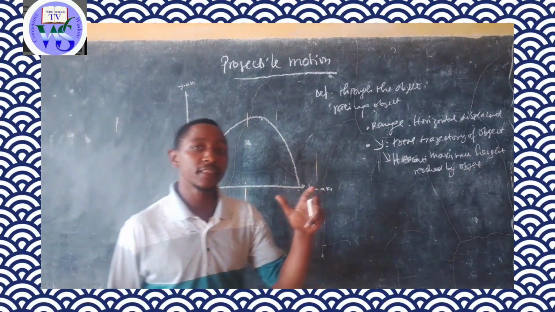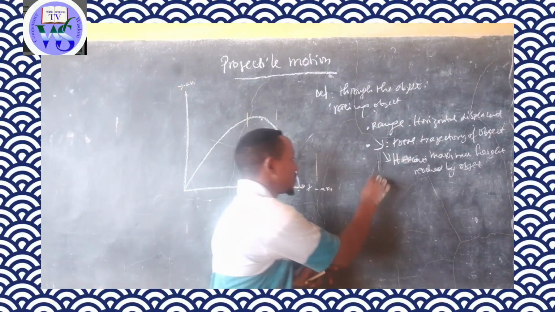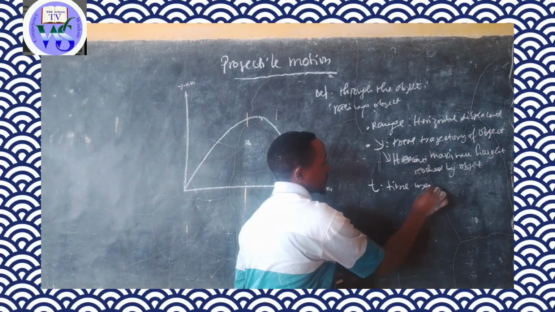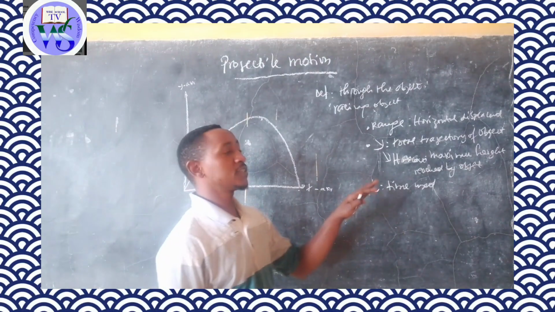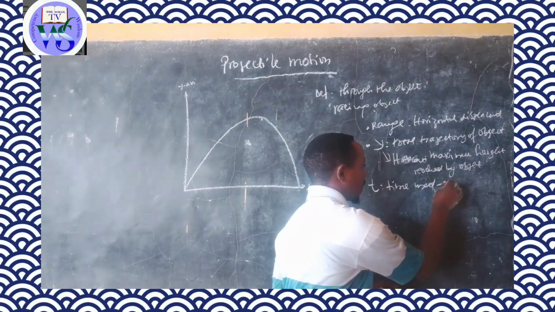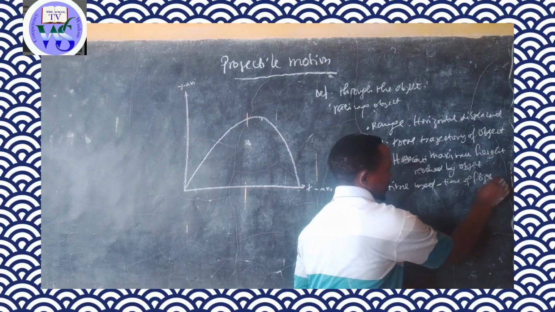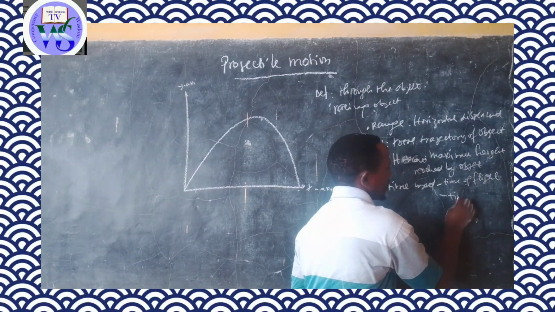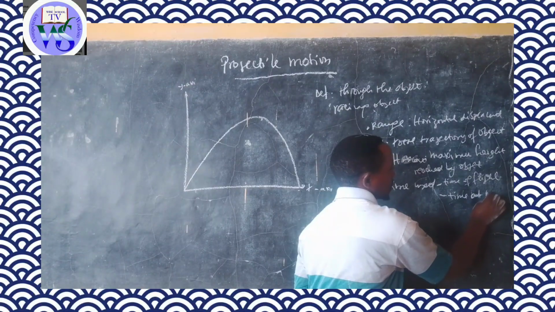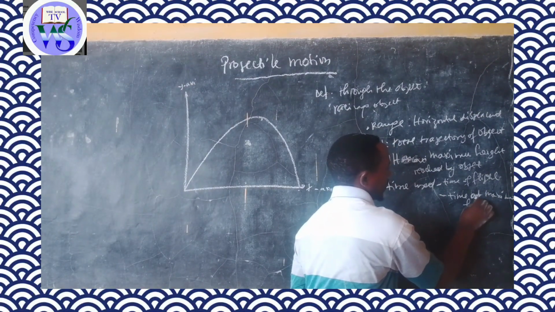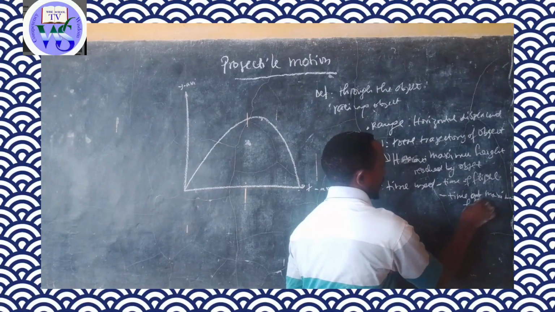There is another term, t, the time used. For t there are two categories: the time of flight and the time at maximum height.